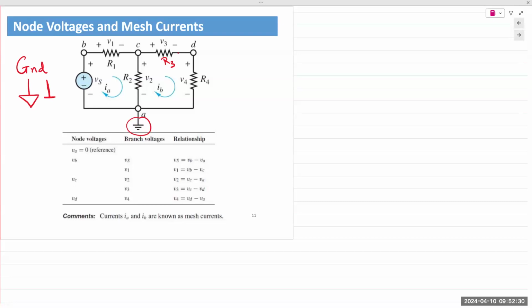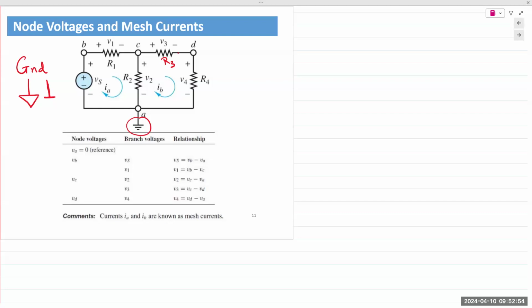Whether ground is indicated in the circuit or not, it doesn't matter. You take the negative end of the power supply as your reference point, and that is the point of reference for all voltages in that circuit. So when we say node voltage, you measure the voltage at every single node.